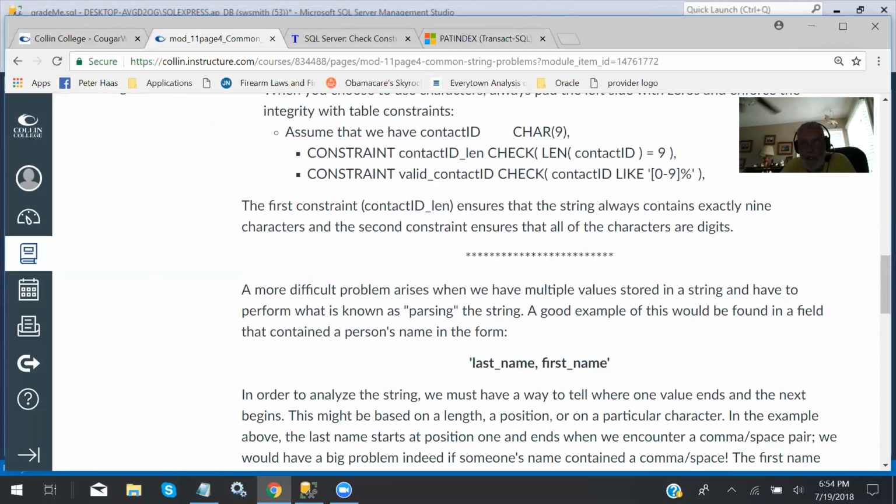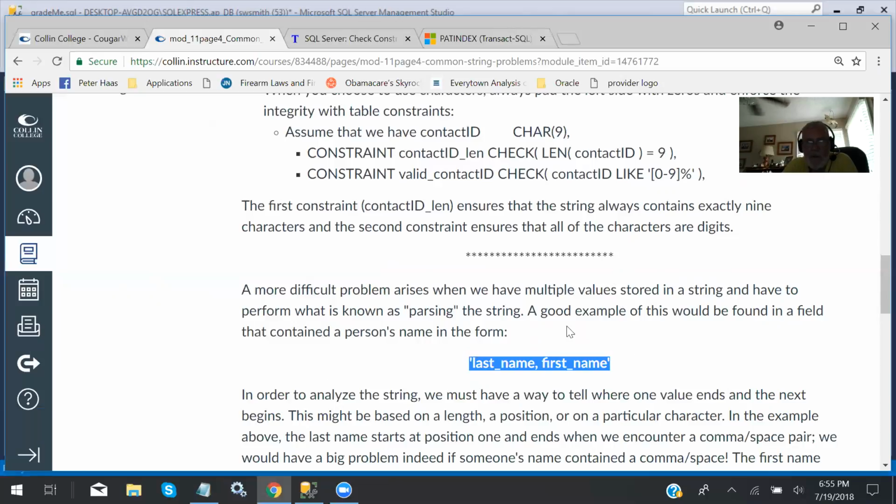Multiple values stored in a string, and we have to pull them apart. I'm going to talk about this one. I love this one as a question on a test. So we have last name, comma, space, first name. The question is, first of all, does everything have a comma and a space in it?